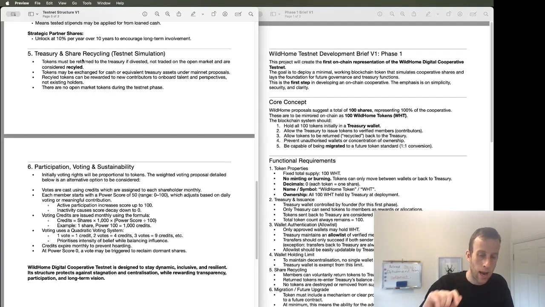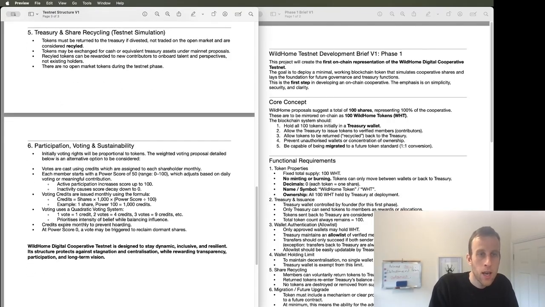This will help keep a flow of ideas into the organisation and keep new blood and people who are interested in maybe taking the organisation forward in different ways. There are no open market tokens planned at all, either during the testnet or the mainnet phase.